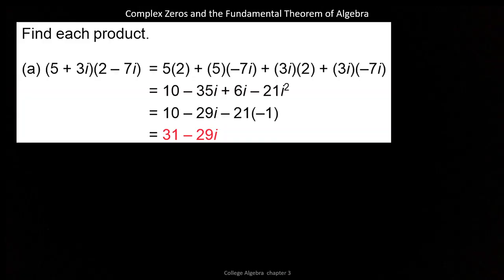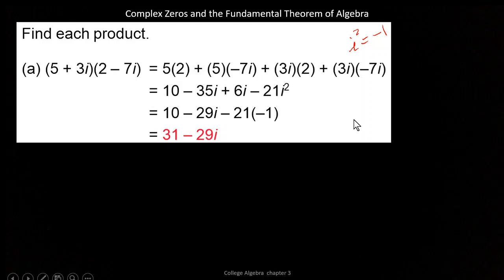All right, now, how do we multiply two complex numbers? Well, if we know what i squared is, then we shouldn't have a problem multiplying two complex numbers. So i squared is -1. So we multiply, think of i as x. If it was x, you would just do the distributive property and then combine all the like terms, right? And we end up with this right here. So we get 10 minus 35i plus 6i minus 21i squared.